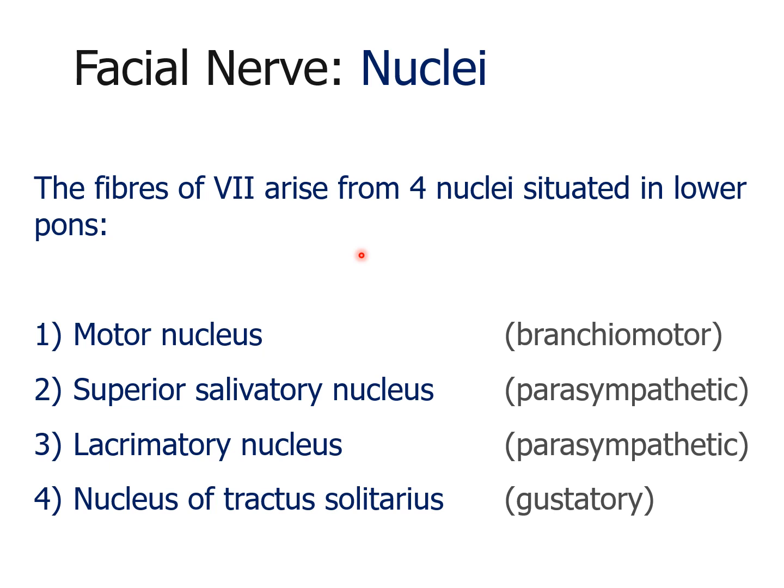There are four nuclei related to the facial nerve. First is the motor nucleus, which is branchiomotor, the superior salivatory nucleus, and the lacrimatory nucleus. Both of these are parasympathetic, and the nucleus of tractus solitarius is concerned with taste sensation. So this is the gustatory nucleus.